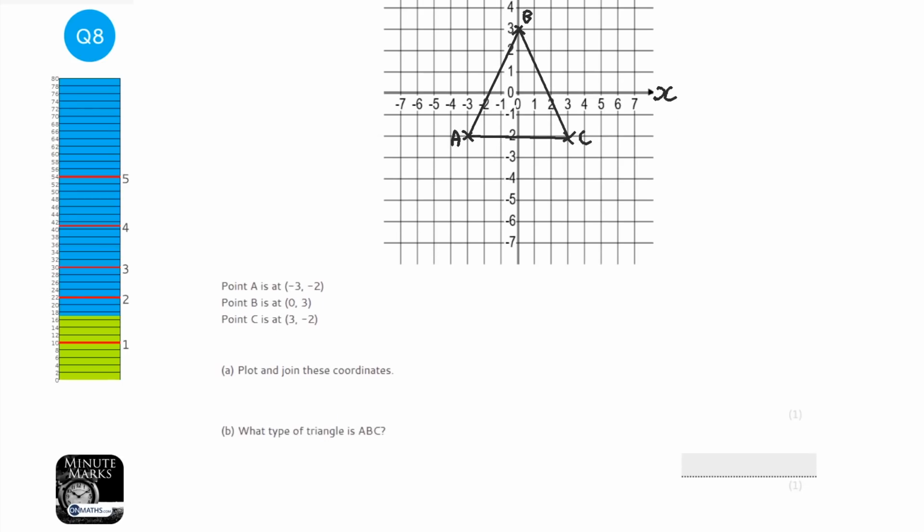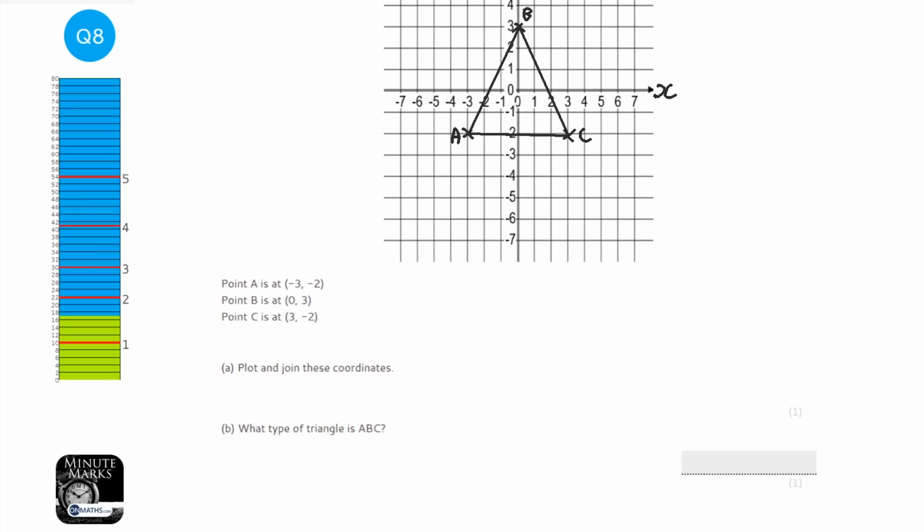Now, question B says, what type of triangle is ABC? Looking at it, it looks like this length here and this length here are exactly the same length. So, when we've got a triangle with 2 sides the same length, it's an isosceles triangle.